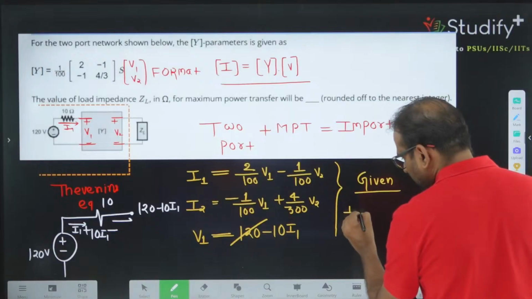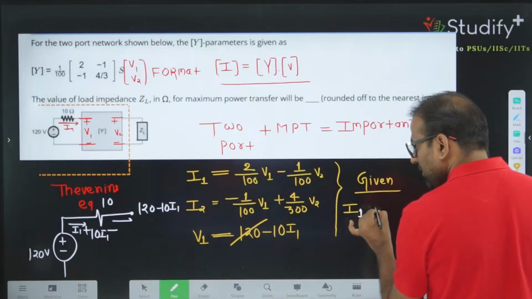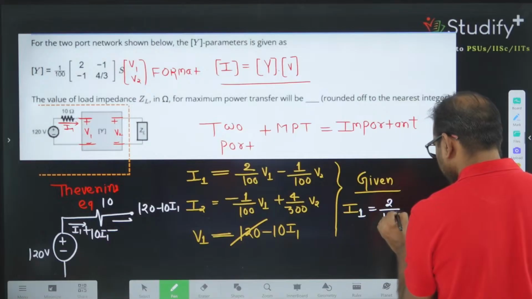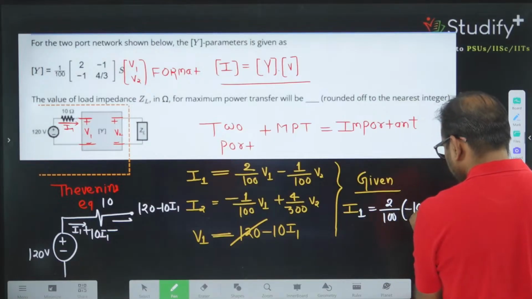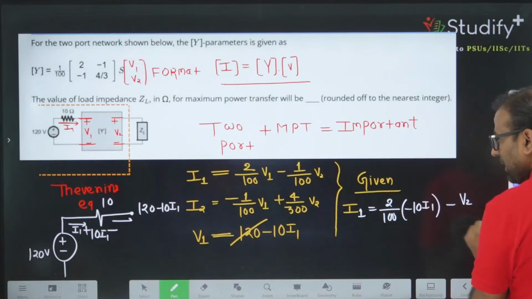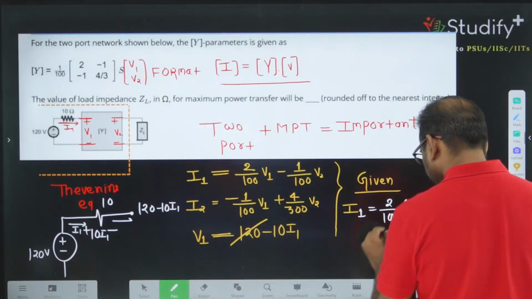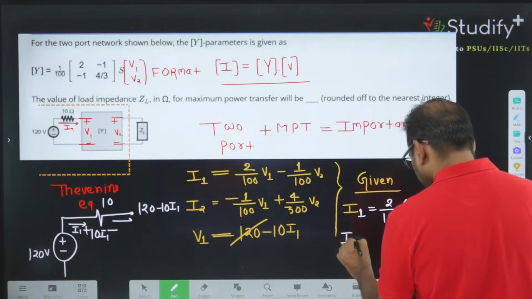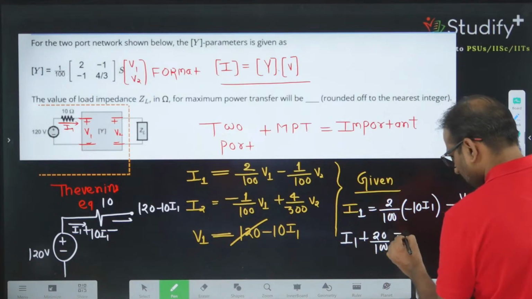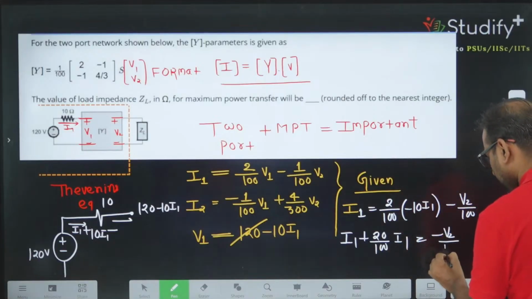So I1 equals 2 by 100 times minus 10 I1, minus V2 divided by 100, and this value will be what? I1 plus 20 by 100 I1 equal to minus of V2 divided by 100.